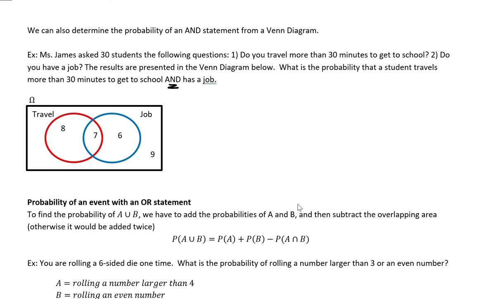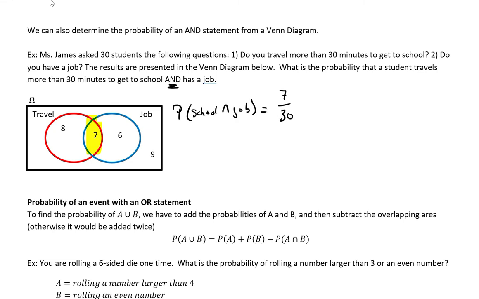So anytime we're given a Venn diagram, remember that the ands are down in here. It's where they overlap. So the probability of school, more than 30 minutes, so let's say school and job, is 7 divided by our total, which is 8 plus 7 plus 6 plus 9, which is 30.